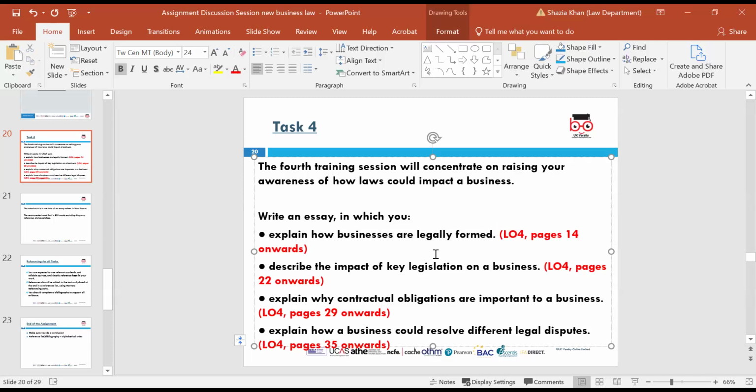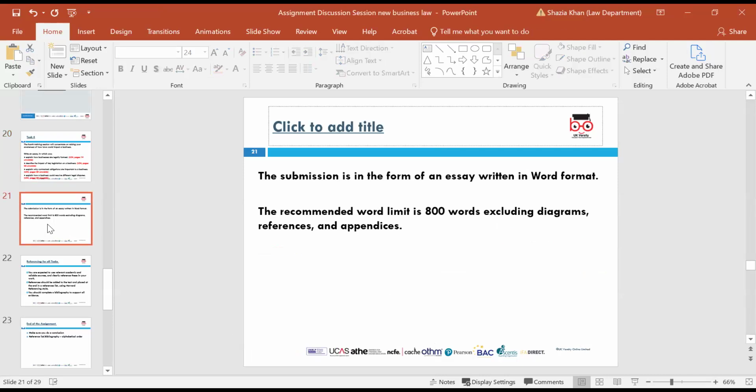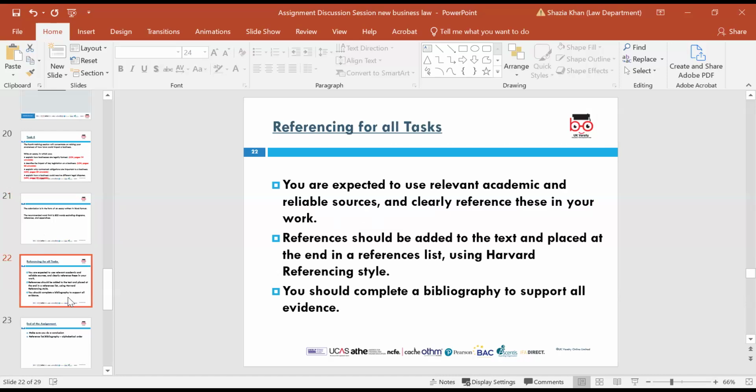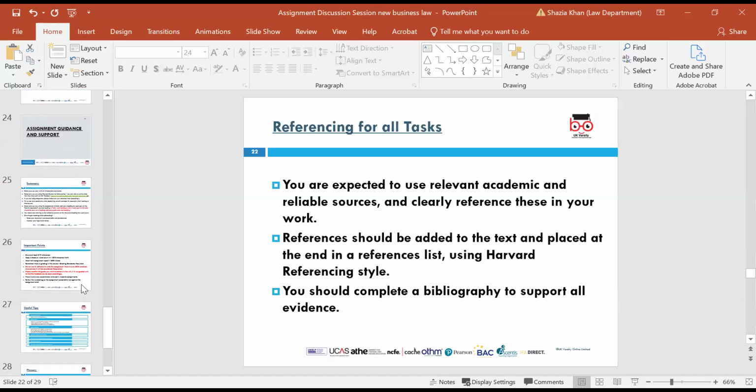Again, going back to sticking to the word count, it's really important that you stick to what the requirements are of OTHM in regards to what they recommend in Word format, but it's mainly done in Word format. Make sure you are sticking to that. Also make sure you are sticking to the word count, and if you are putting diagrams, it's excluded. Any references, refer to them and make sure you are referencing all your work properly and using the Harvard system.